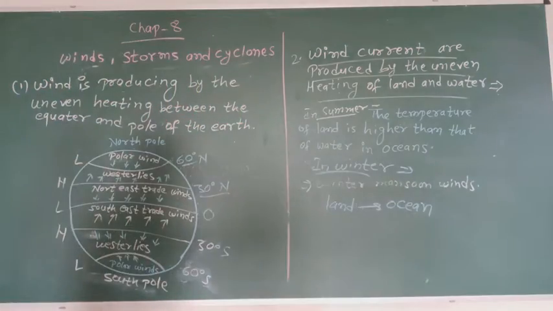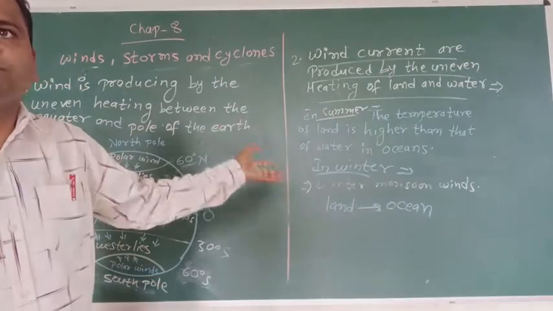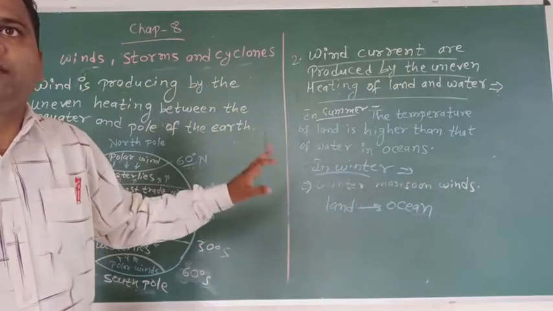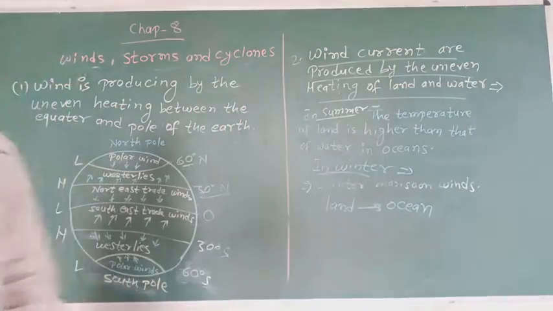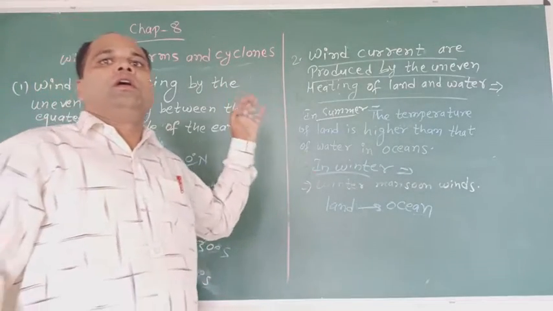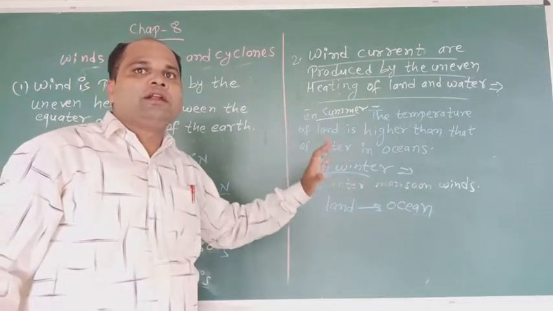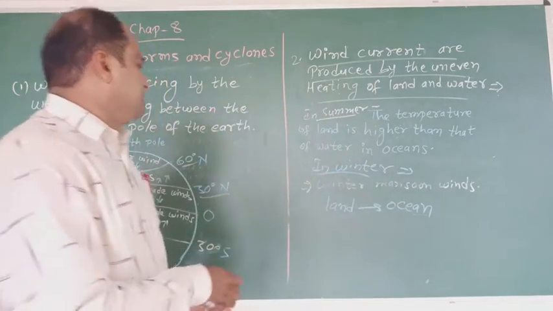The cooler wind from the land blows toward the ocean. These winds are cooler, the winter monsoon wind.